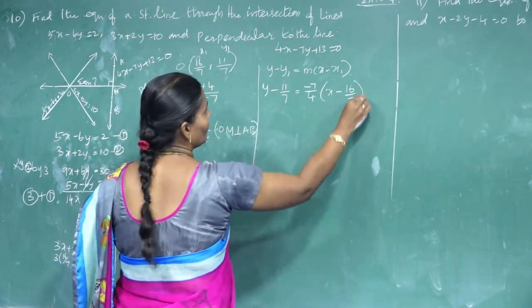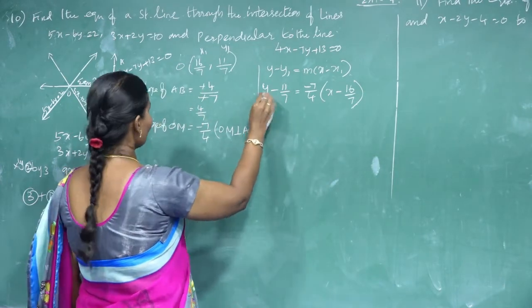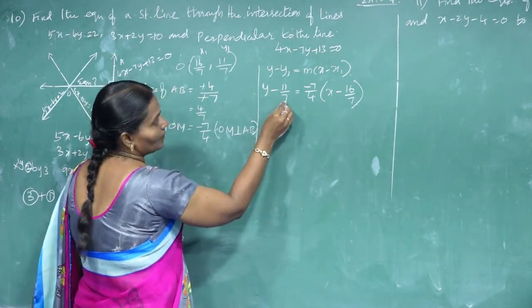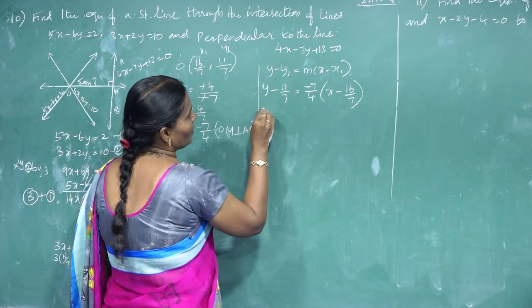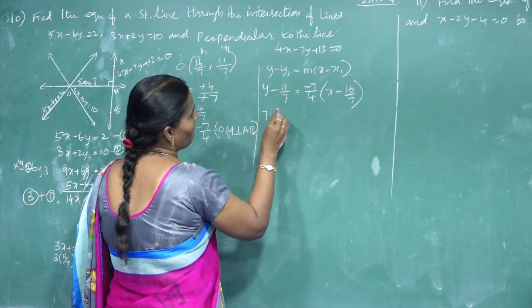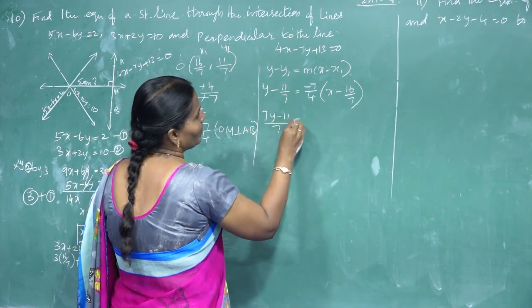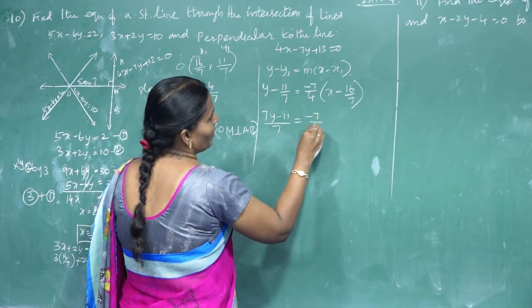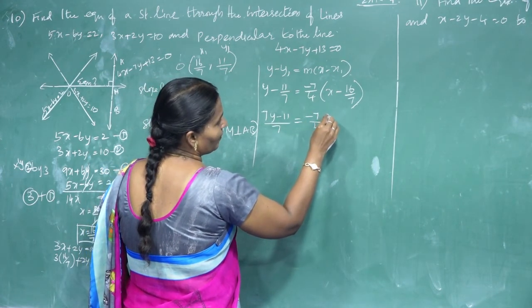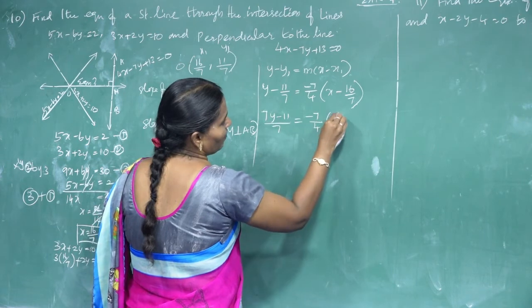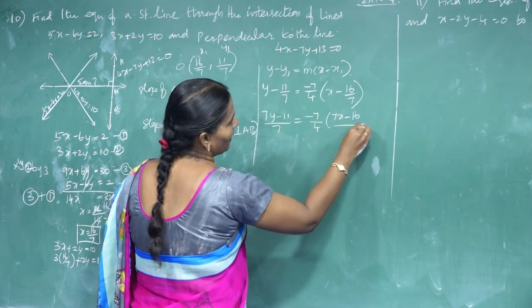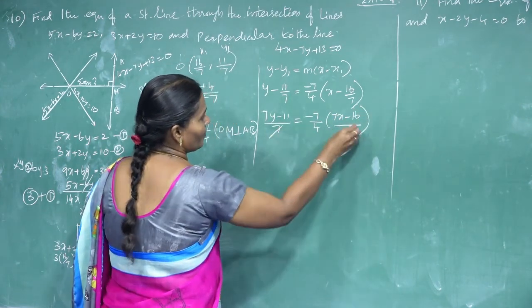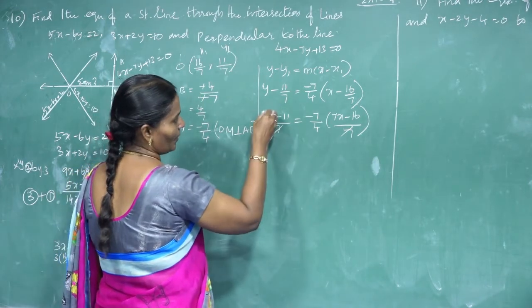Now see, do the cross multiplies. 7y minus 11 by 7 is equal to minus 7 by 4 of 7x minus 16 by 7. So the 7 cancels. Now this 4 multiplies here.